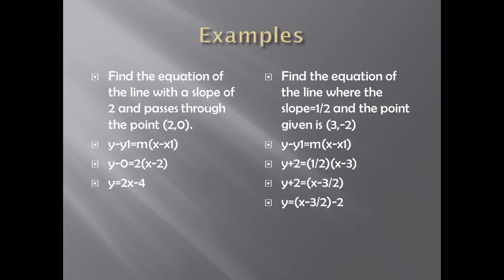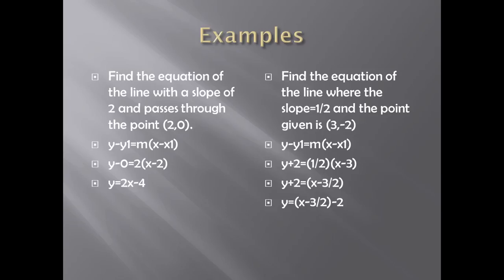So now another problem, which is the second problem from the slope-intercept, we're going to find the equation of the line where the slope is equal to 1/2, and the point given is (3, -2). So again, we're going to plug in our values. Negative 2 is our y.